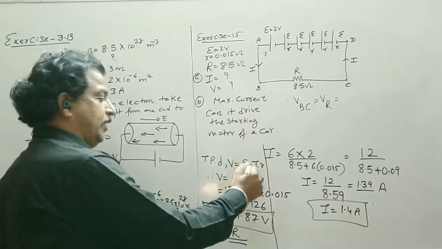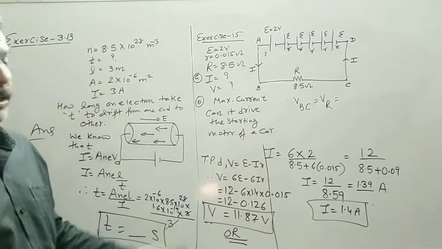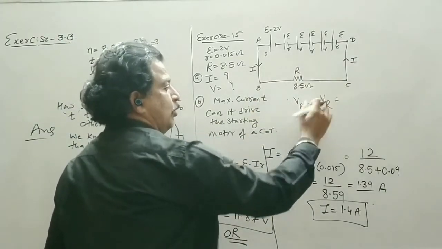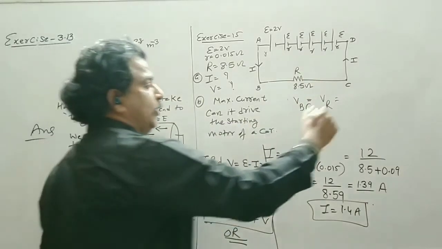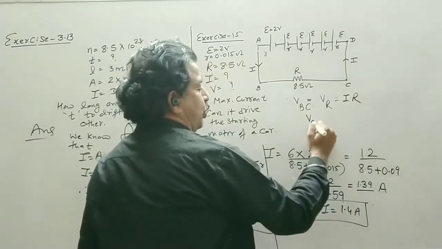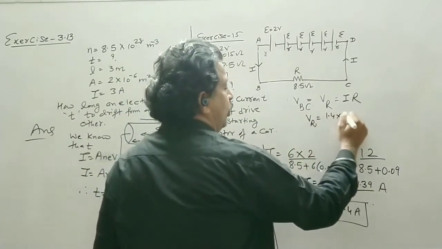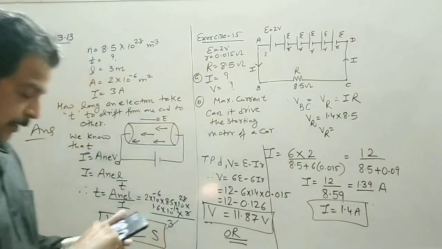Here there were 6 cells, so 6E and 6r. Or the terminal potential difference across BC, which is also the potential difference across the external resistance. Now you apply Ohm's law here, so it becomes I into R. So the terminal potential difference is I, which is 1.4, into 8.5 ohms, that is given.